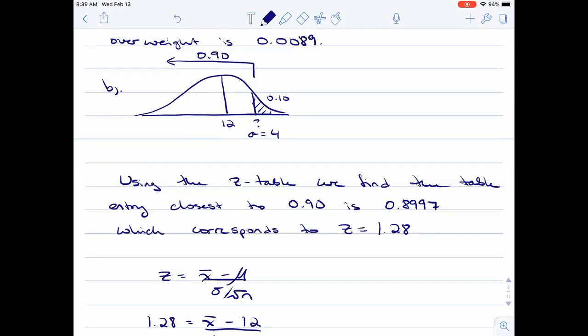So you could say, using the Z table, we find the table entry closest to 0.1, which corresponds to negative 1.28. And so Z must be 1.28. As long as you recognize that you need that positive value because you're above the mean, then it doesn't matter how you got it. Any questions about that one?